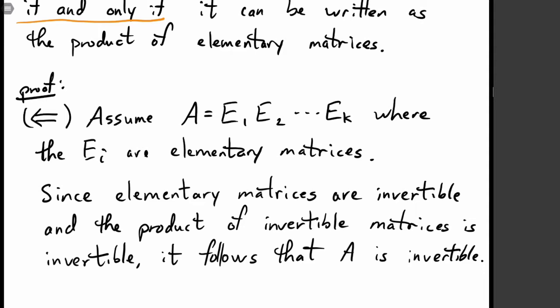And there we go. So that proves that if it can be written as a product of elementary matrices, then it must be invertible. Now we want to prove the other direction. If it is invertible, then we can write it as a product of elementary matrices. Okay? So how might we go about that?